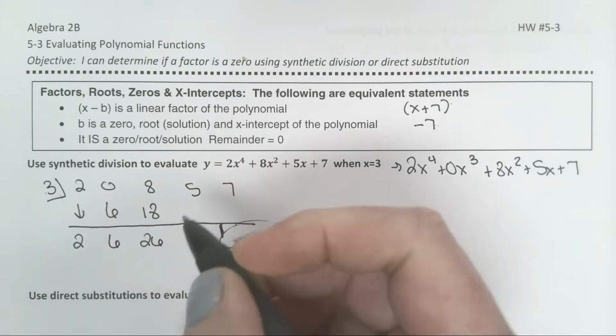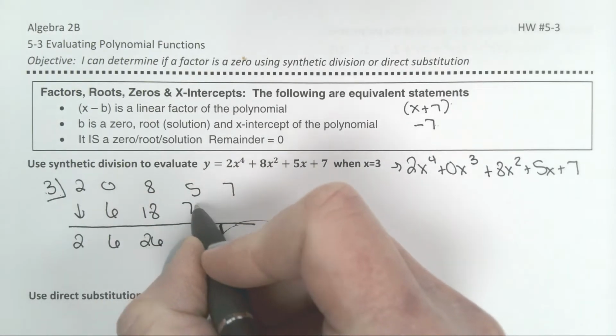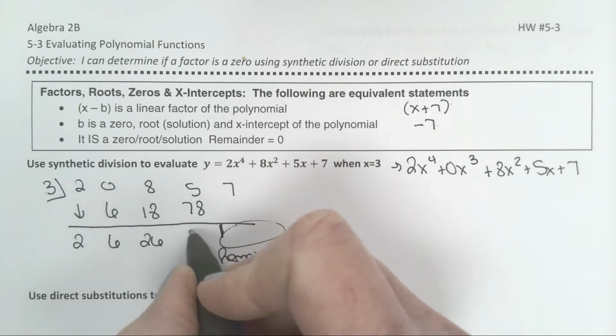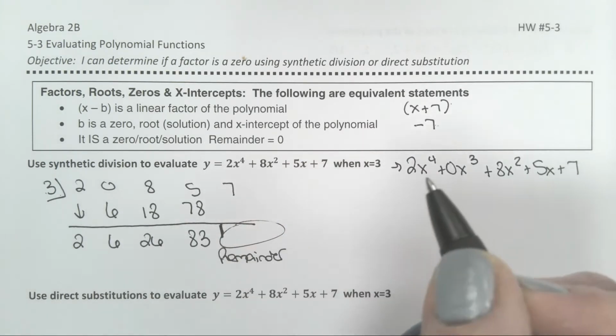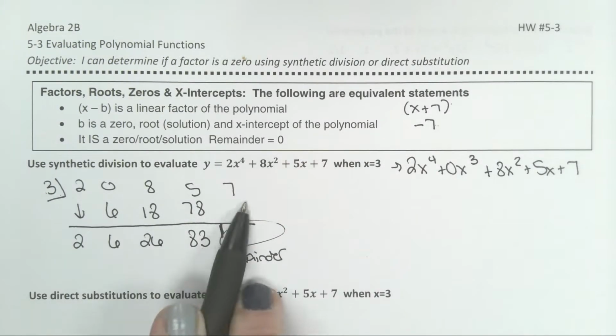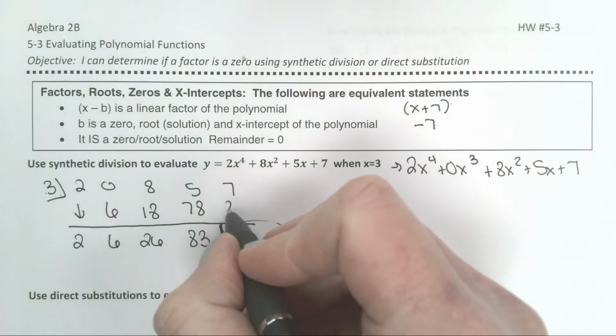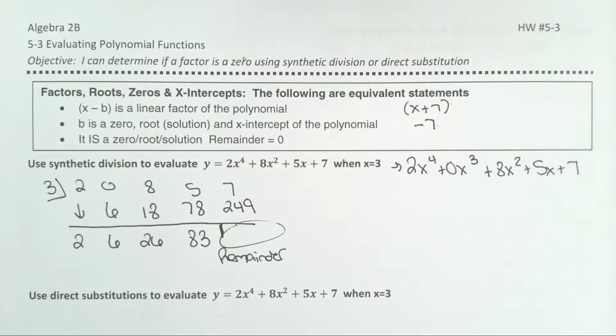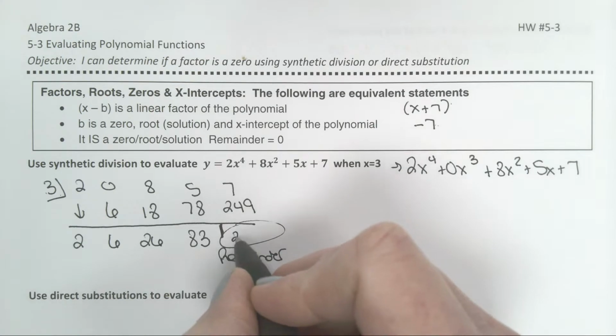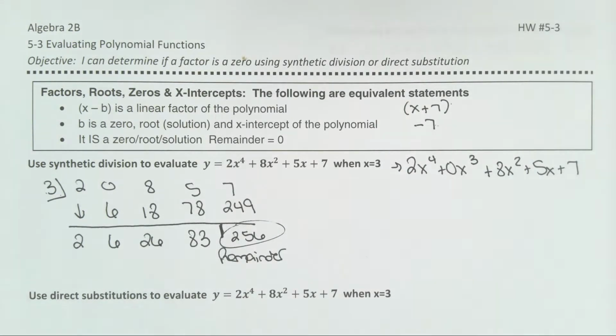Multiply 3 times 26, you get 78. Add down, get 83. You multiply 3 times 83 is 249. Add down, and I get 256.